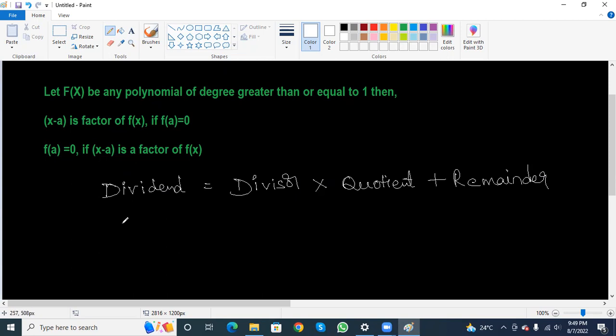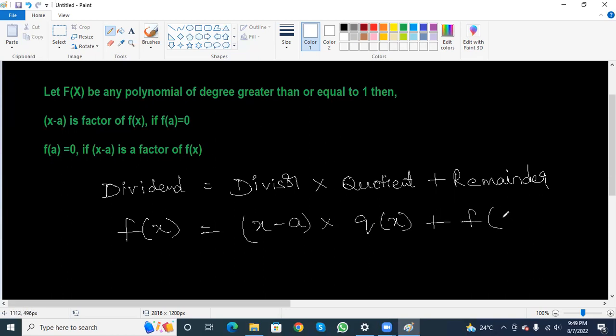See here, our dividend is a polynomial f of x, like cubic or quadratic, and the divisor is x minus a, times the quotient, which we'll take as q of x, plus the remainder. f of a is the remainder, right?